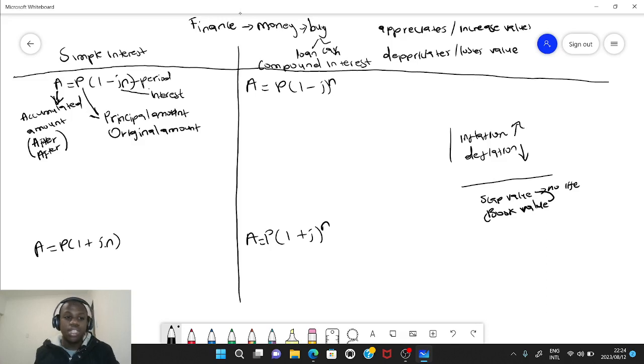And then P, because A and P are my amounts. If I'm assigning A as my amount after, it simply means P will be my amount before. It can be before an increase in value or before a decrease in value.